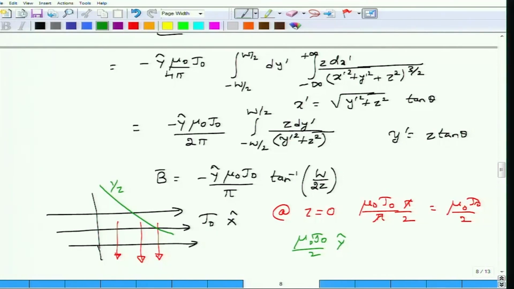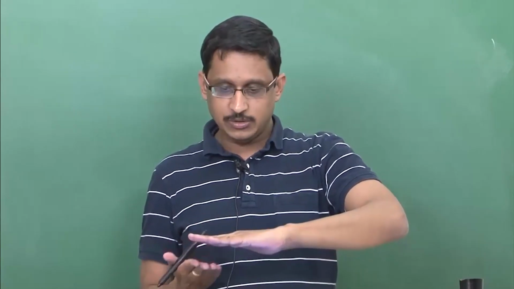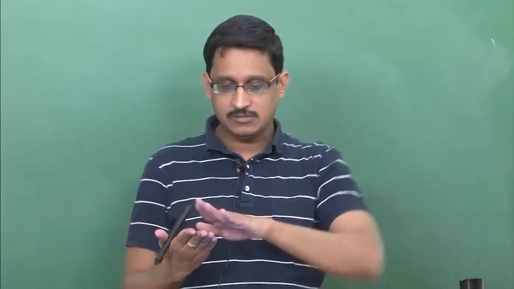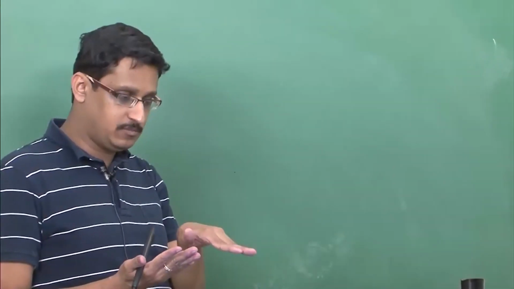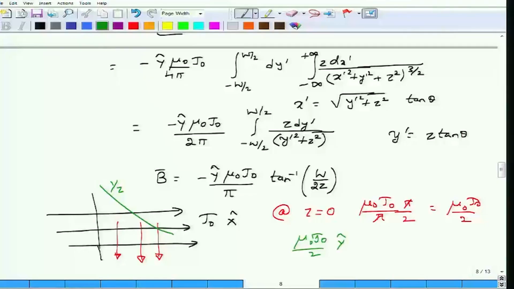So if you come from top to bottom, you will see that the field lines start at 0 at infinity and then gradually increase, and then there will be a constant value as you come to the z equal to 0 plane. But at the bottom they would change the signs. So they would be directed along the plus y direction, and then they would decay towards 0 in the plane z less than 0.